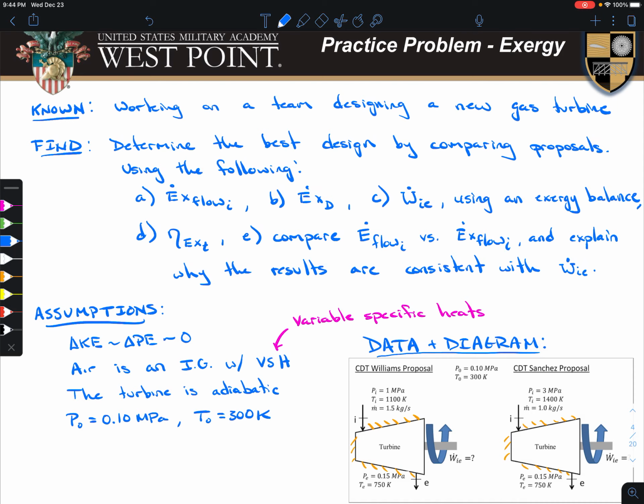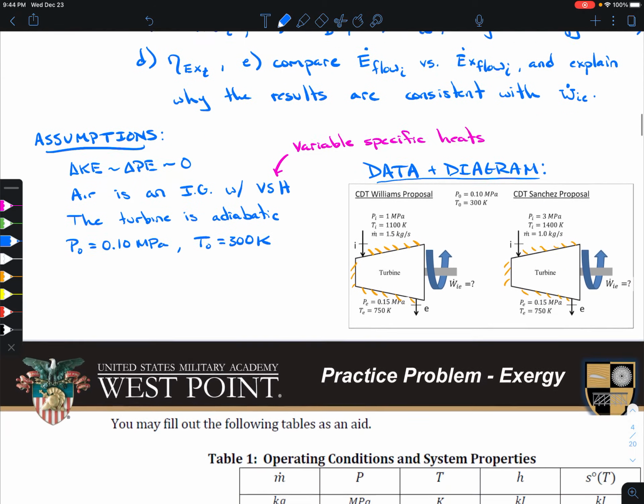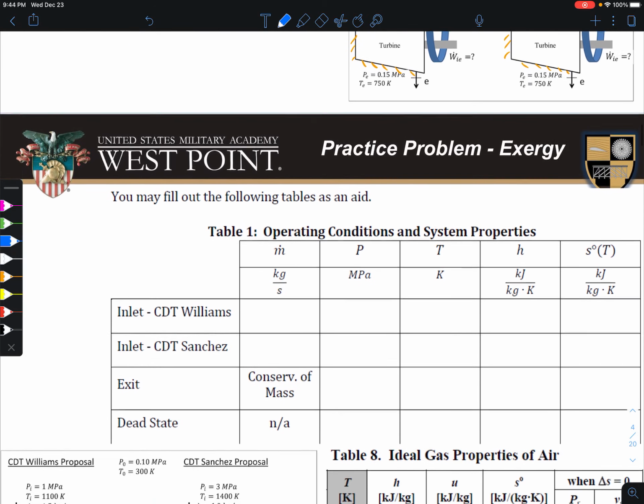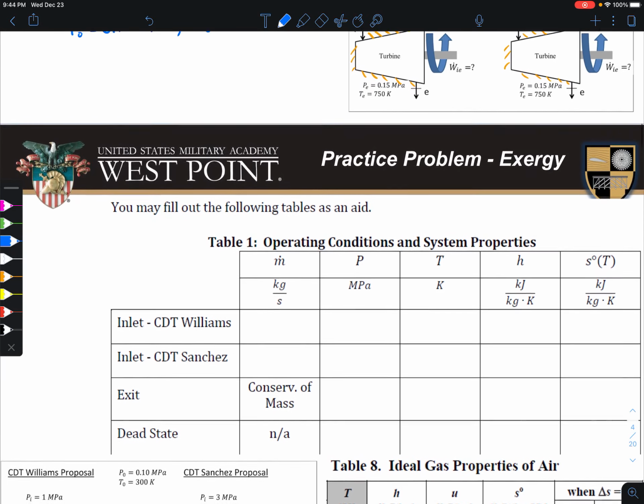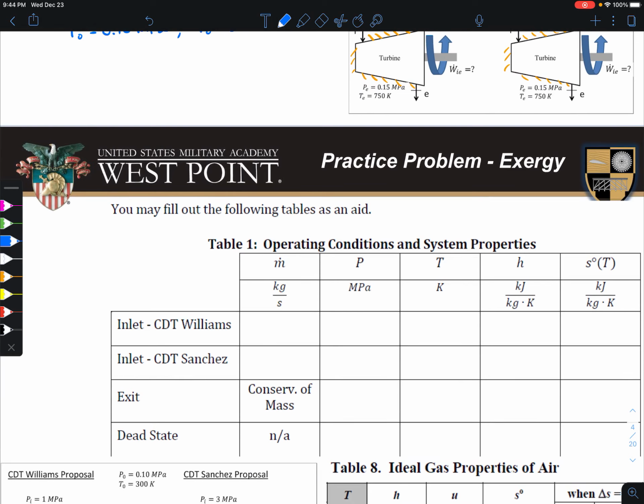Okay, so that lays out most of the questions that we would have in terms of establishing the problem. The actual problem handout that was given to cadets at the time in AY20-2 included this table, Table 1. It also included Table 2, which I'll show you later in this video. So for Table 1, I recommend that you try to set up your problems in this way.